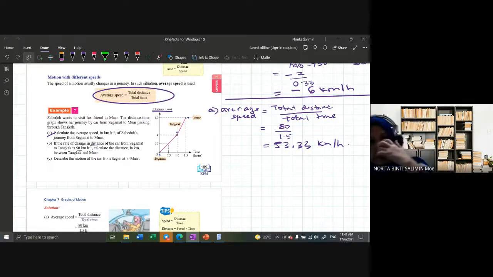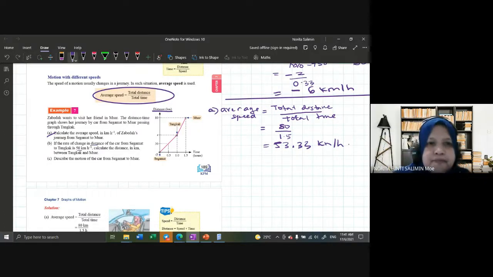Perubahan, the rate of change. Okay, calculate the distance in kilometer between Tangkak to MEWAH. So sini dia suruh cari distance. Berapa jauh? Okay, kita kena cari S dululah.